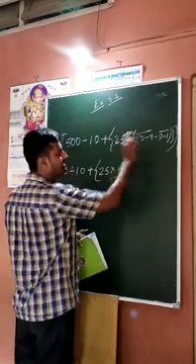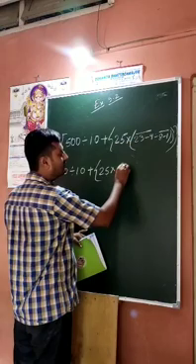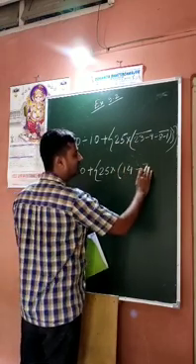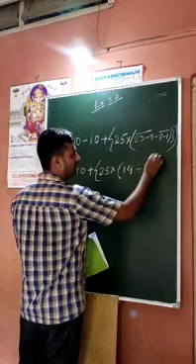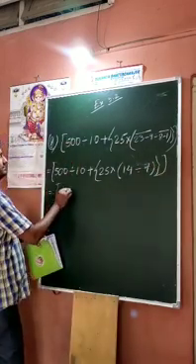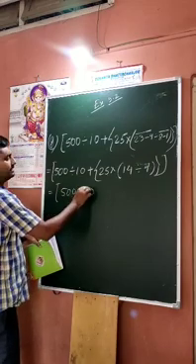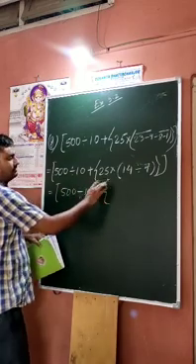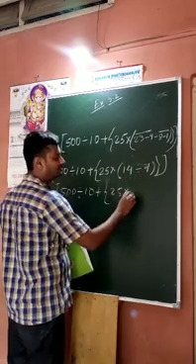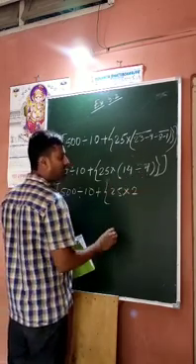So 23 minus 9 becomes 14, divided by 8 minus 1 becomes 7. Okay, so now 500 divided by 10 plus, 25 into, now 14 divided by 7 becomes 2, automatically the small bracket is removed.